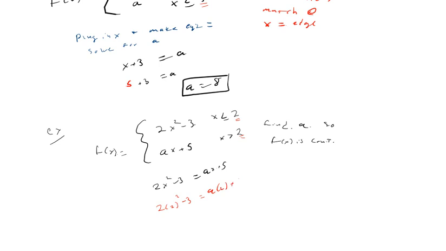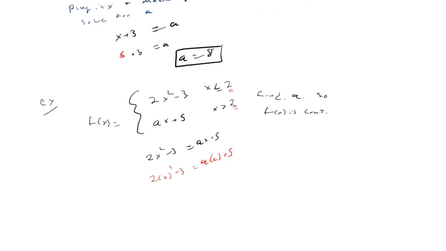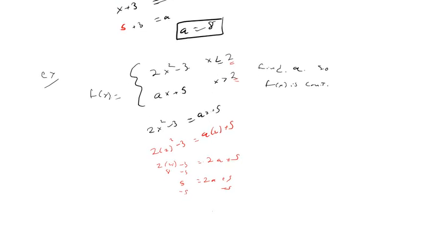This is 2 times 4 minus 3 equals 2a plus 5. That's 8 minus 3 is 5 equals 2a plus 5, minus 5 on both sides. 2a equals 0, I guess. A equals 0. That's kind of a weird answer, but anyway, that's the idea.